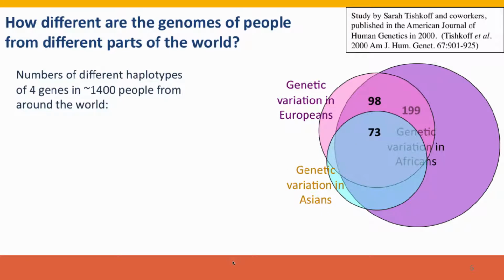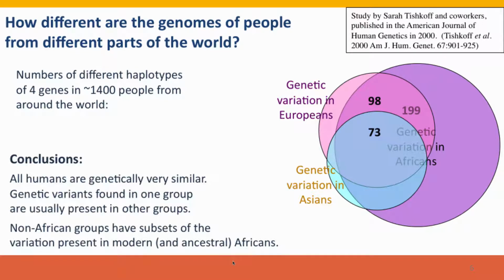But more insight came when they thought about how much of these sequence differences were actually shared between the different groups. And what they discovered was that most of the genetic variation that they found in Europeans or in Asians was also present in Africans.